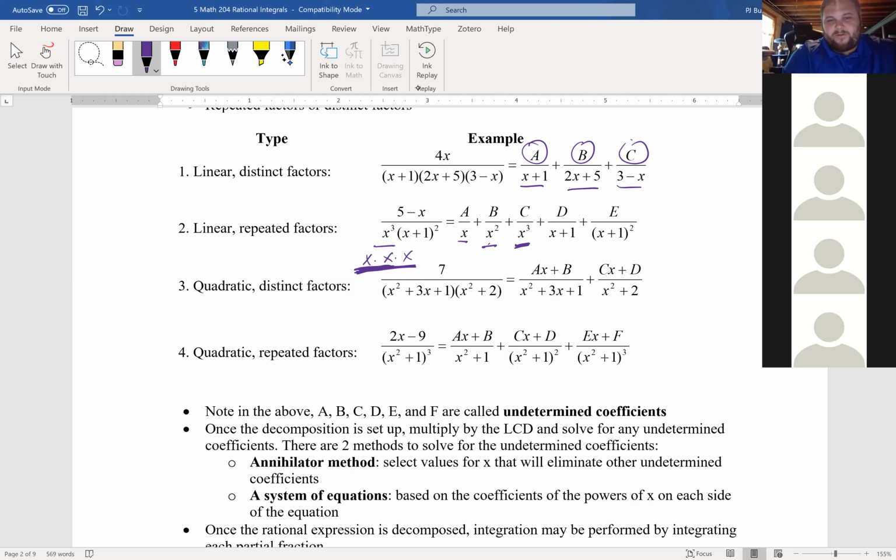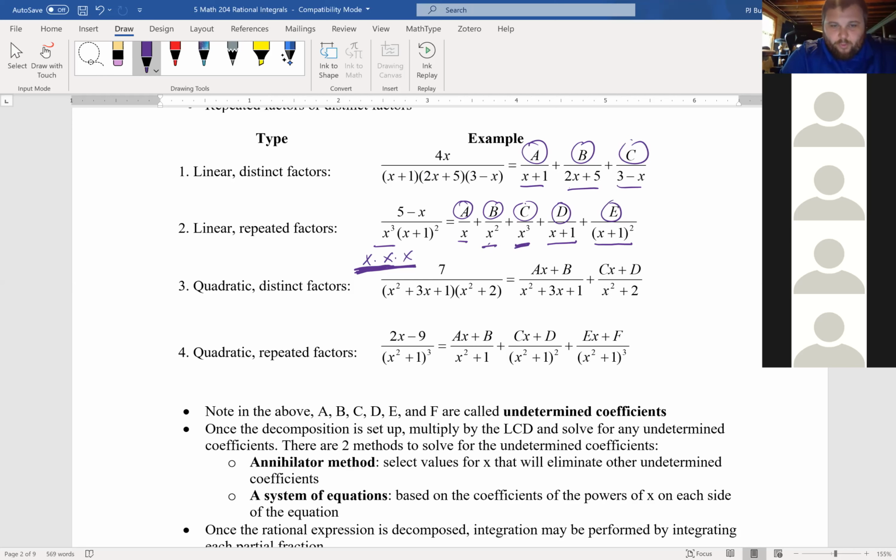And each one of those, because they are linear, only require a constant above them. So again, x plus 1 was a repeated factor, so we start with a single one, we go up to x plus 1 squared, and we just need a constant on top. So that's the difference between distinct and repeated for a linear type.